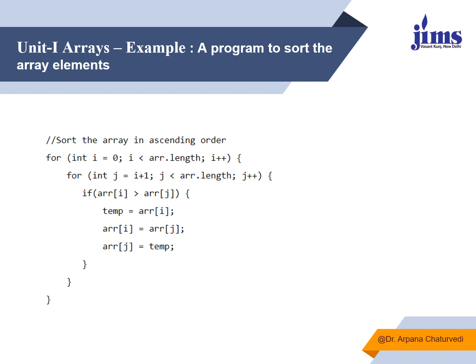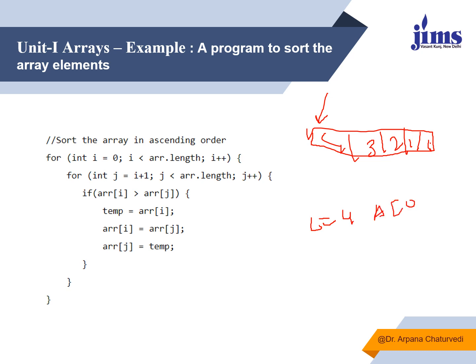How do we perform it? We have some elements in an array, like say 4, 3, 2, 1 and let's say 5. One loop takes the value lying at the first position in the beginning, that is for i equal to 0, i less than arr.length, i++. Now arr[i] is 4, the value at the 0th position.